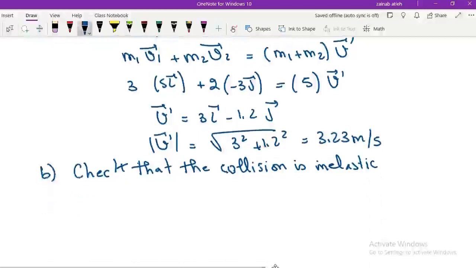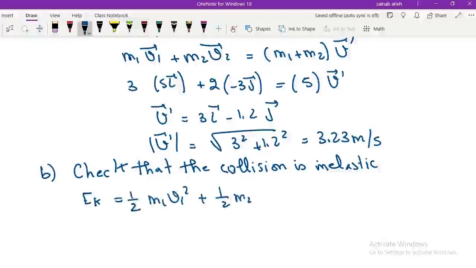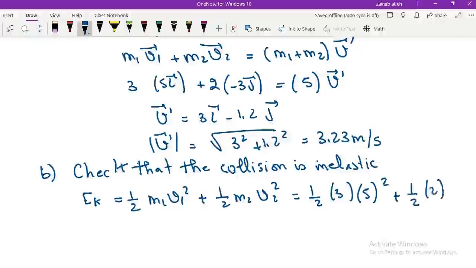So the kinetic energy before collision, EK, equals half m1 v1 squared plus half m2 v2 squared. It's equal to half, m1 was given to be 3, v1 was 5 because it's 5i, so for sure the speed is 5 squared, plus half m2 was 2 and it was minus 3, so its magnitude is 3, so it's 3 squared.